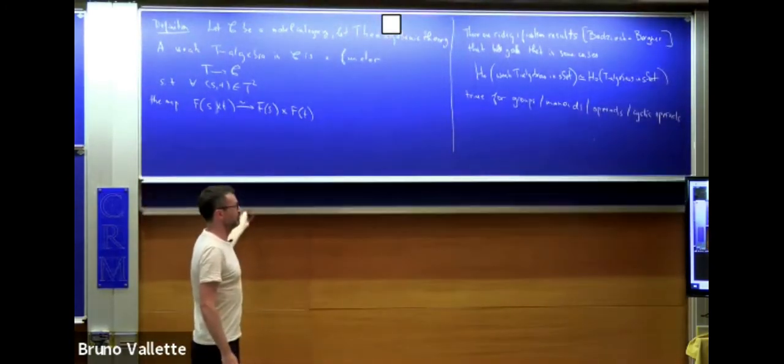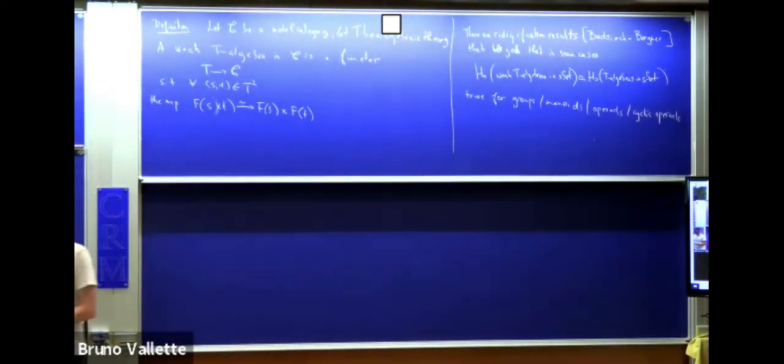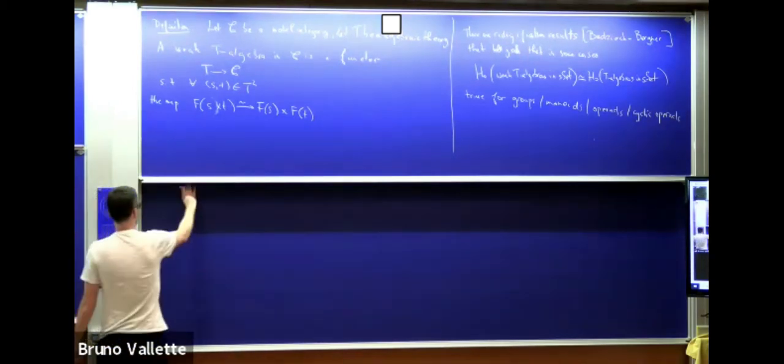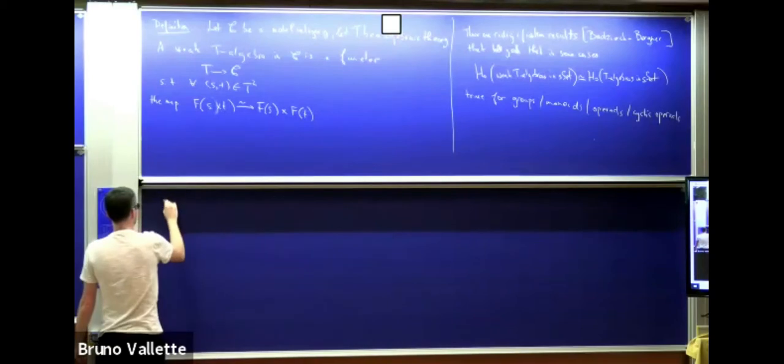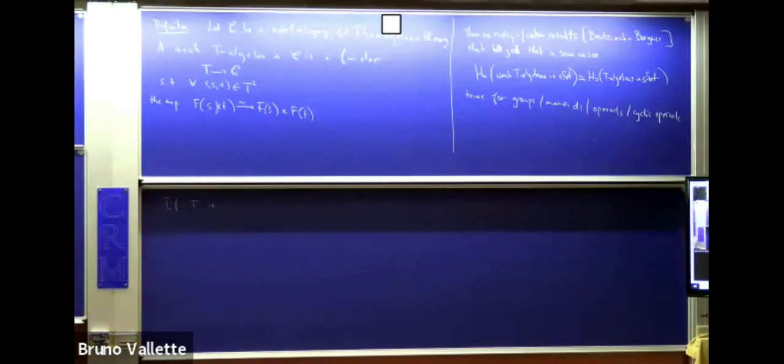And now we can get the theorem. The theorem I stated yesterday about formality of the Sullivan functor was flexible enough that you get a version of Hopf formality almost for free, and it works as follows.